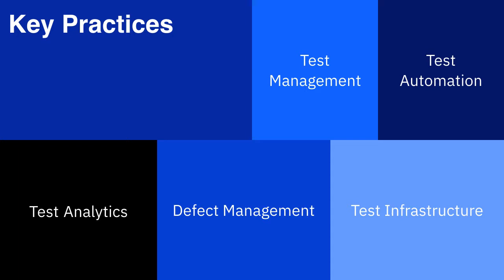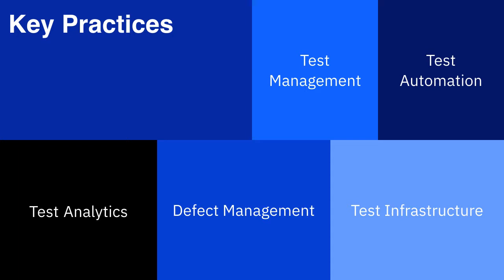Then last but not the least, a test infrastructure. Now, your enterprise product may require a certain type of machines to be set up to be able to run all the automation and manual tests that you have, whether these are functional verification tests or system verification tests or accessibility tests or globalization tests or all kinds of tests.